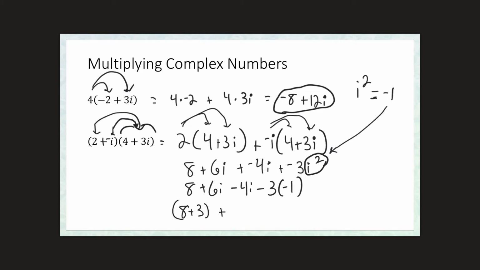And that will be plus 6i minus 4i. That's our imaginary part. And from that, I get 11 plus 2i. And that's our final answer in standard form. Not bad. Okay, let's move on.